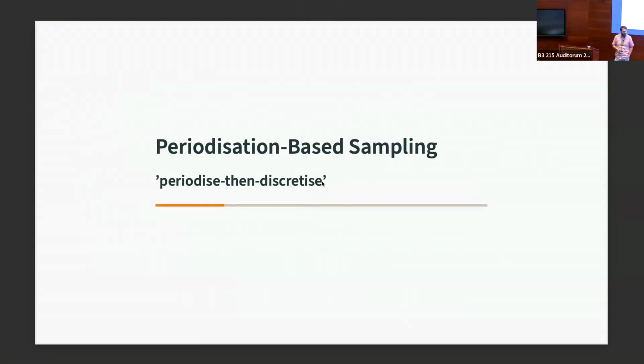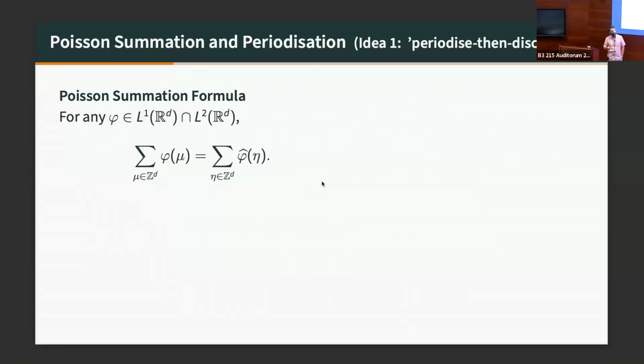So here is a new way of sampling, which is in the spirit of: we first periodize and then discretize, rather than discretize and then periodize, which is what FFT-based circulant embedding would do. And you essentially just exploit some classical links between Fourier space and real space in the so-called Poisson summation formula.